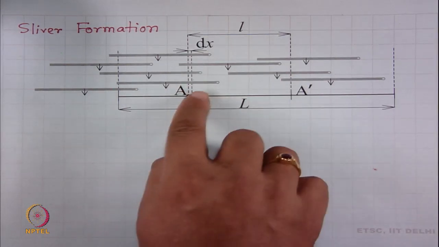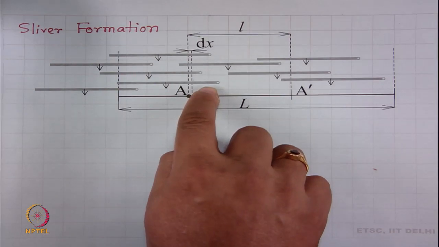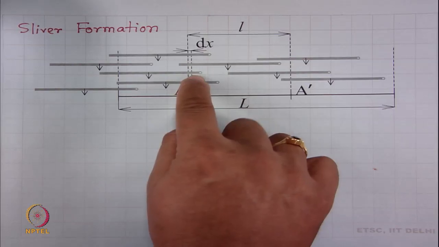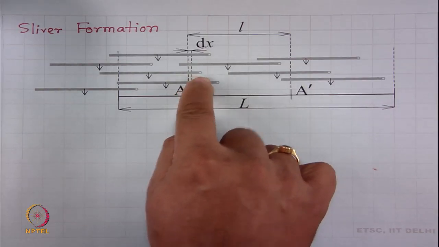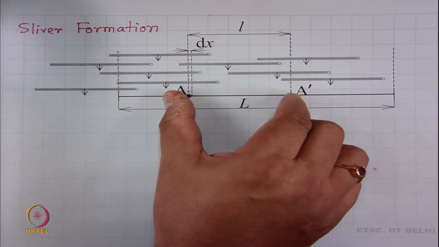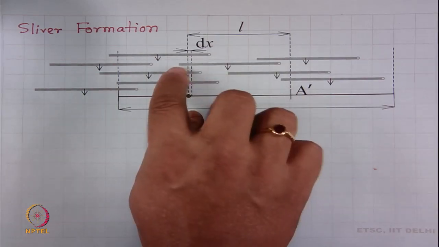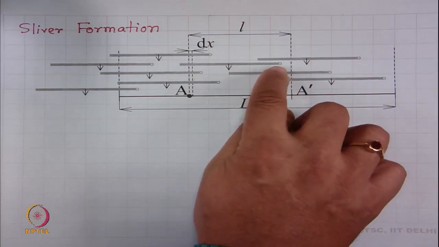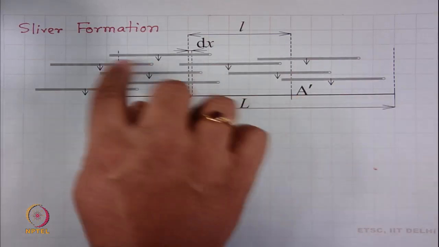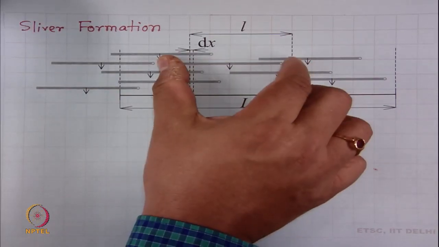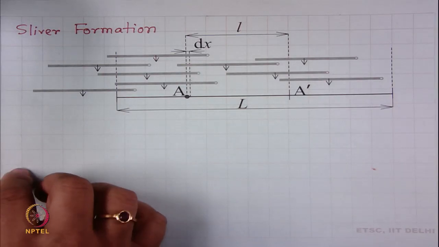So, for example, this fiber is passing, so its right end is lying within this length, this fiber is passing, so its right end small circle is lying within this length, right. This fiber is passing, so its right end is lying in this length small l, this fiber is passing, so its right end is lying within this small length l, and what is the total length?